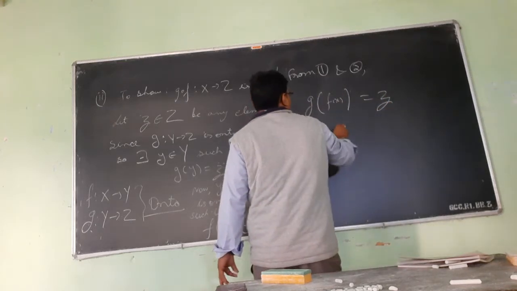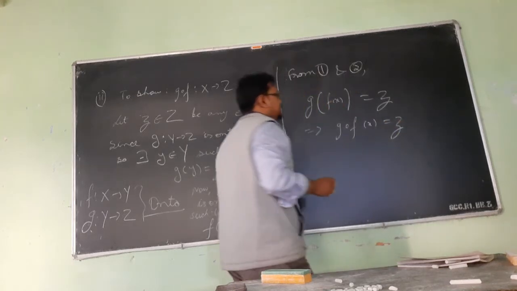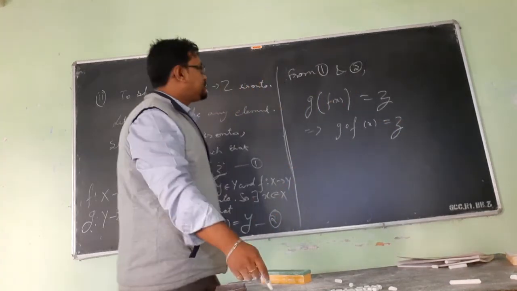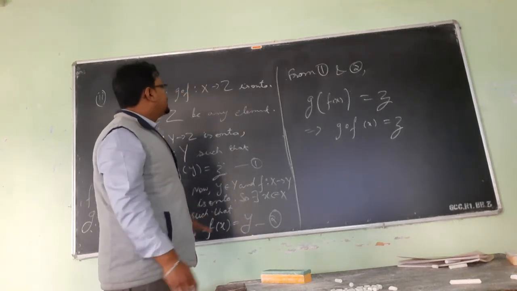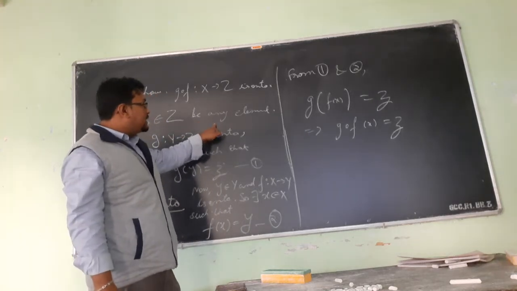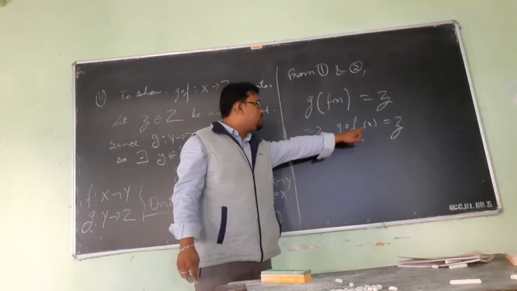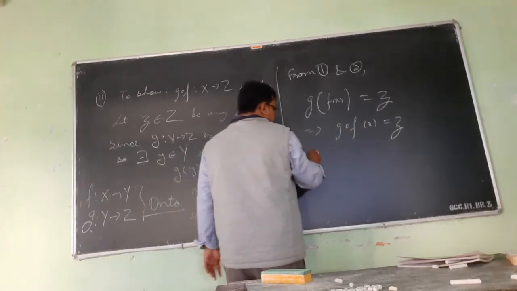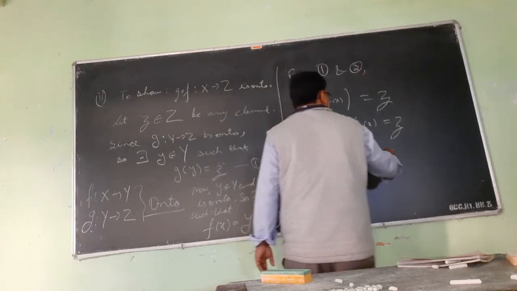So from here g of f of x is equal to z. So ultimately for the element z inside capital Z, we have got an element x inside capital X which satisfies gof of x is z. Hence gof is onto.